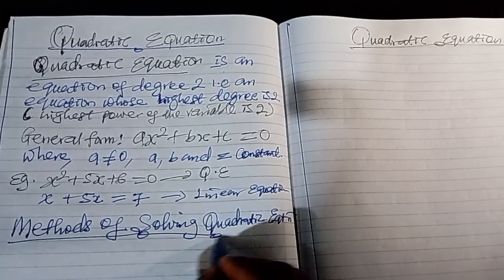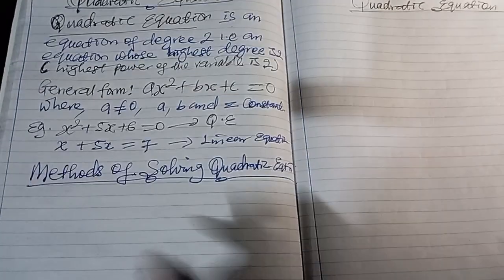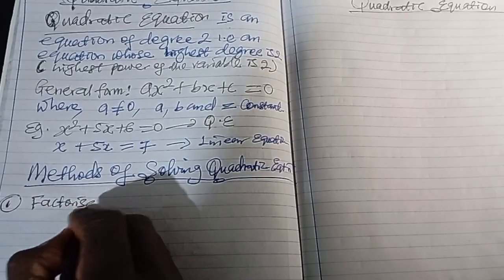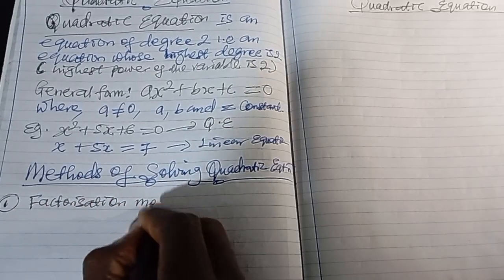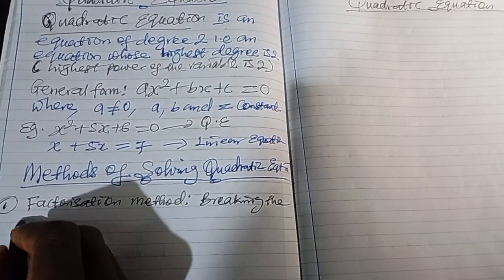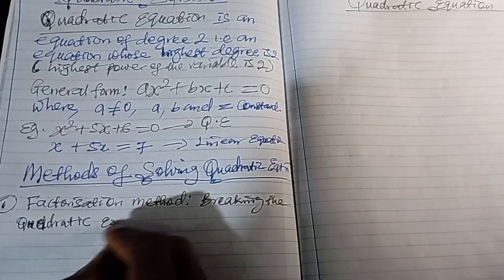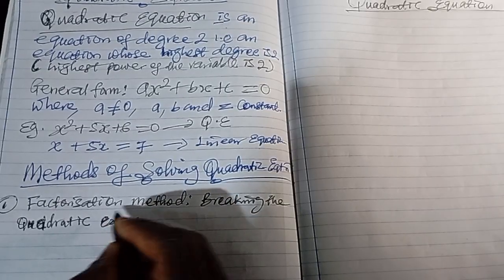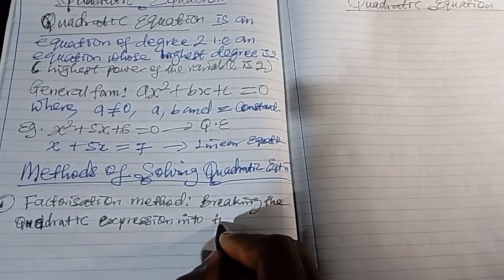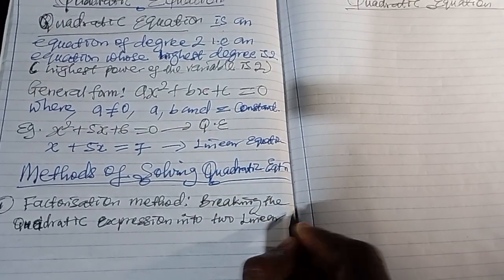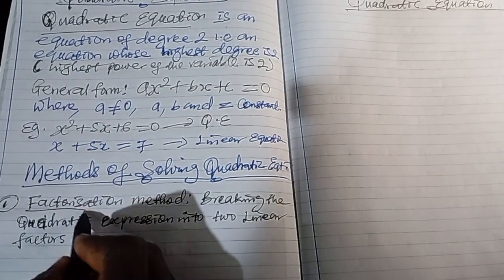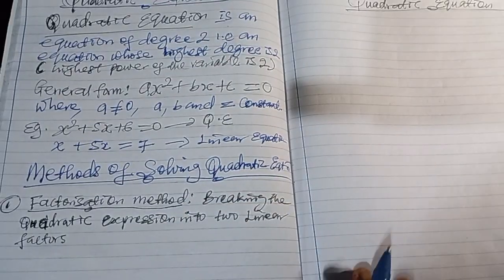Number one, we have the factorization method: breaking the quadratic expression into two linear factors. We are going to solve an example.